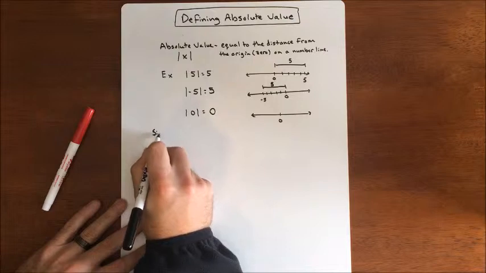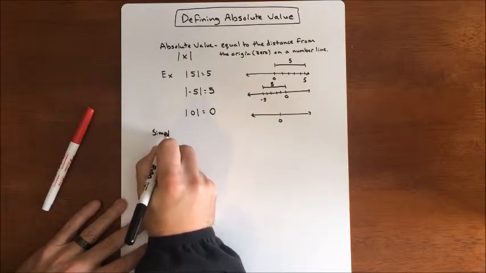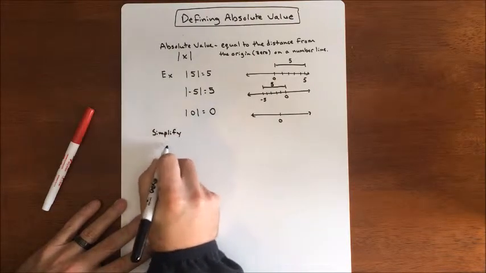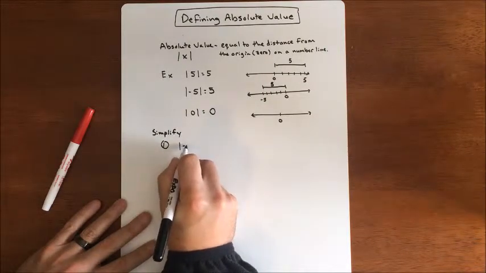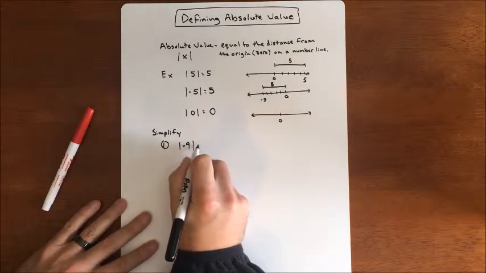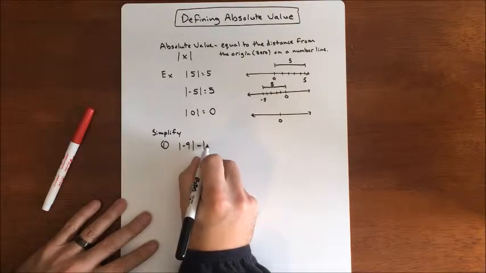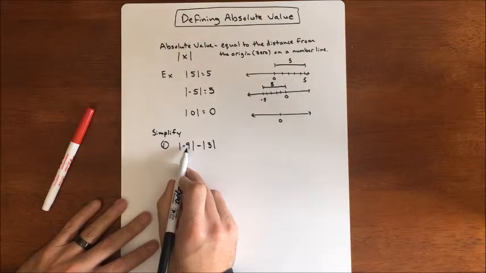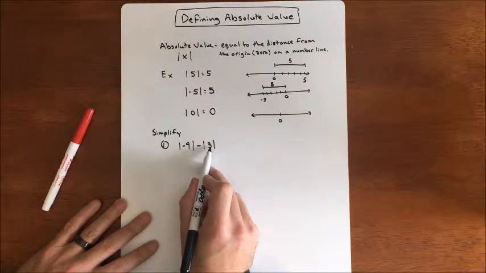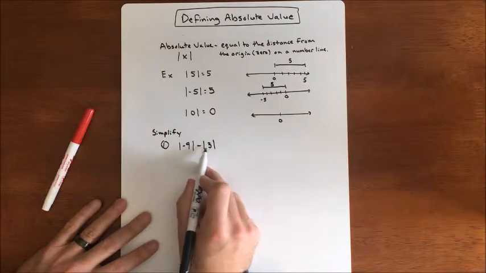So directions may say simplify. And if we have the absolute value of negative 9 minus the absolute value of 3, let's perform the operations.